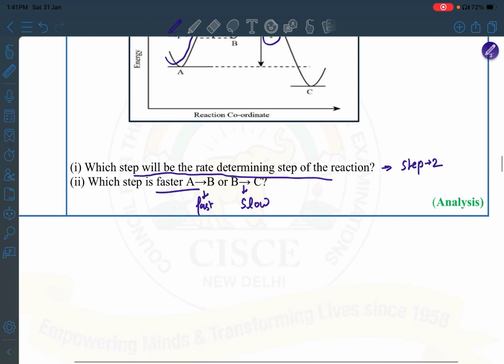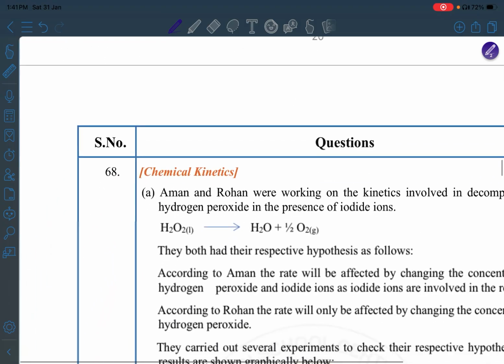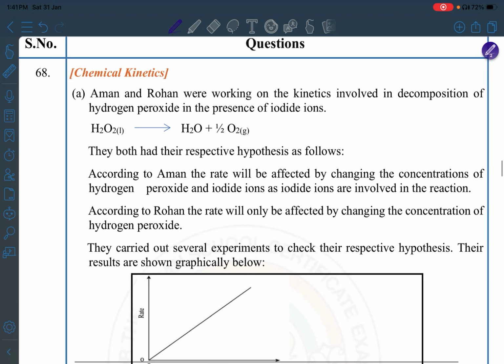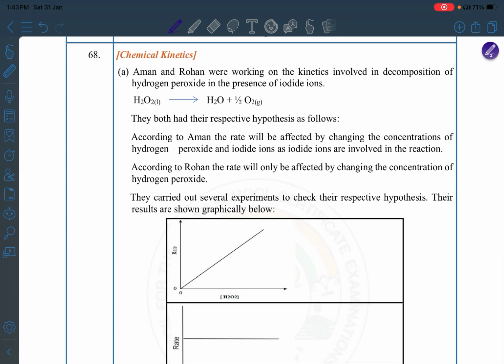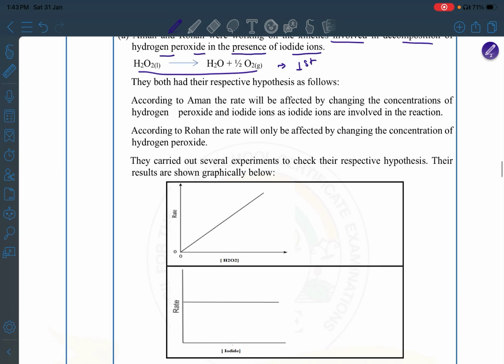So the faster step is A to B. Okay. Then the next question is from the chapter chemical kinetics. Aman and Rohan were working on the kinetics involved in the decomposition of hydrogen peroxide in the presence of iodide ion. So this is a kind of first order reaction. Then they both had their respective hypotheses as follows.